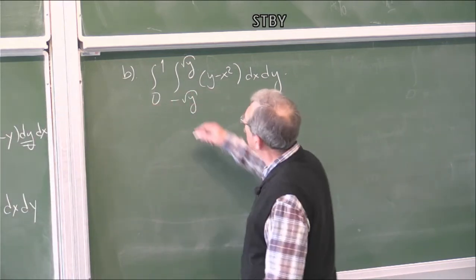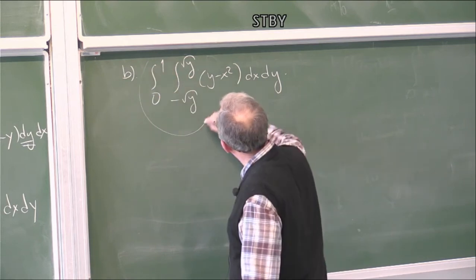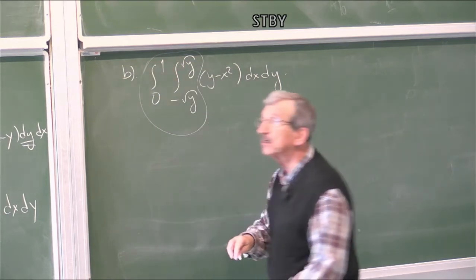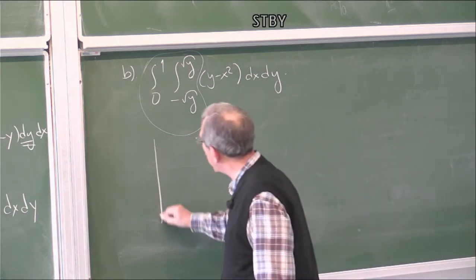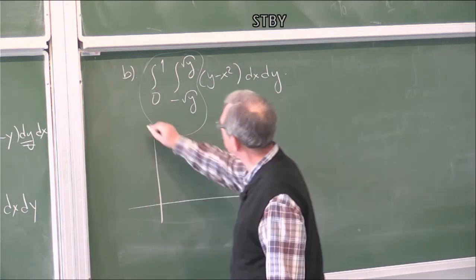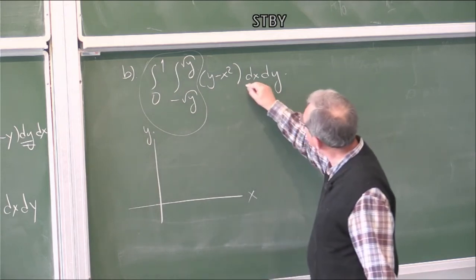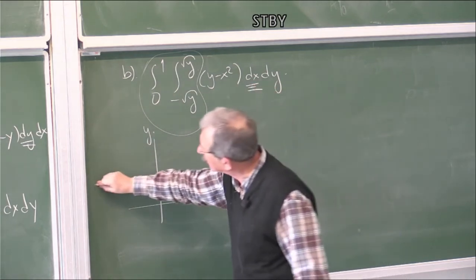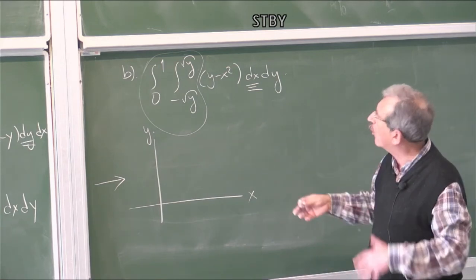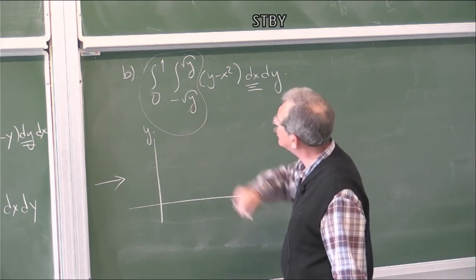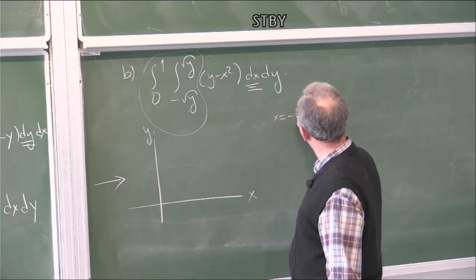Now again, to write down a D for these bounds in the iterated integral, we check what we have here. Firstly, we are looking in the x direction. So this is the direction we look at. The first curve is x equal to minus root y.